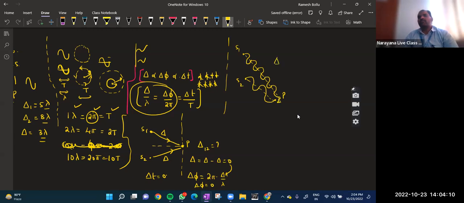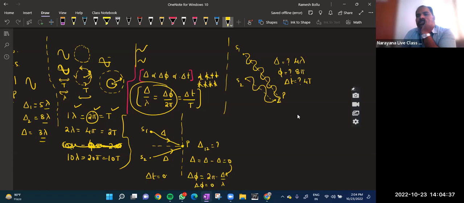Now find the path difference, the phase difference between the two light waves, and the time difference between the two light waves. Tell me. 4 lambda, very good. Next, 8 pi.